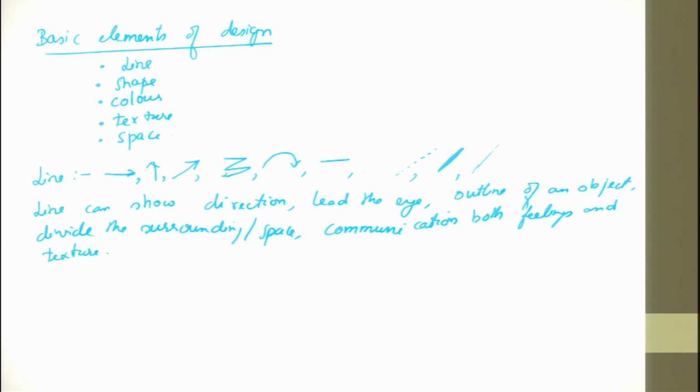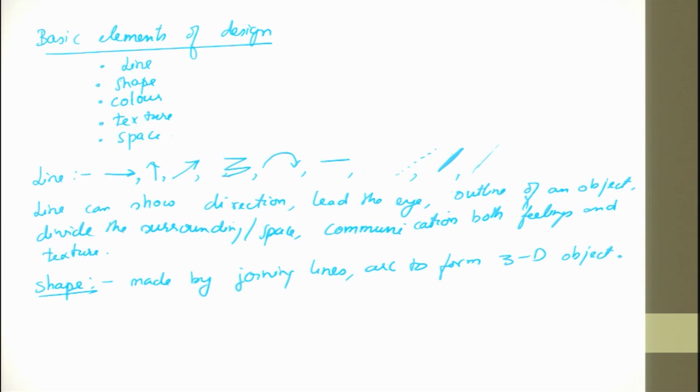Okay. So, when we talk about shape, the shapes are basically extensions of these lines. Shapes are made by joining lines and arcs to form a 3D object or 3D shape.